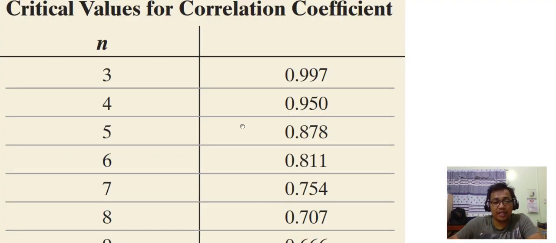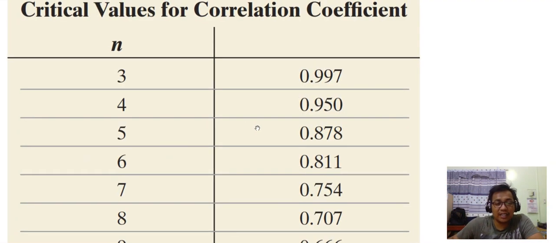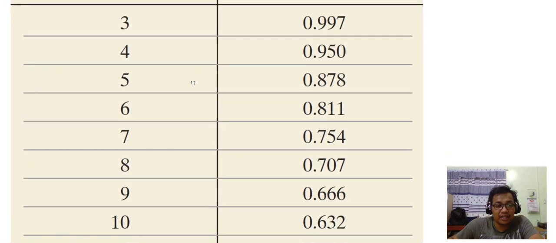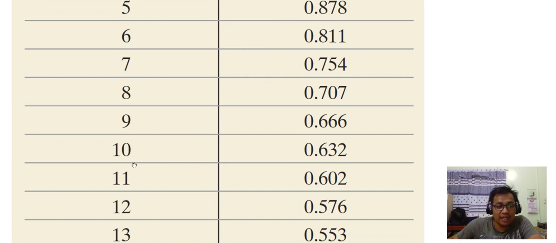This is our table. We need to look at how many N we have: 1, 2, 3, 4, 5, 6, 7, 8, 9, 10, 11. Our N is 11. So, look at 11 here. It is here. The critical value for R is 0.602.